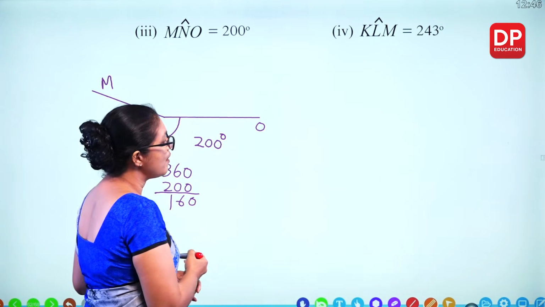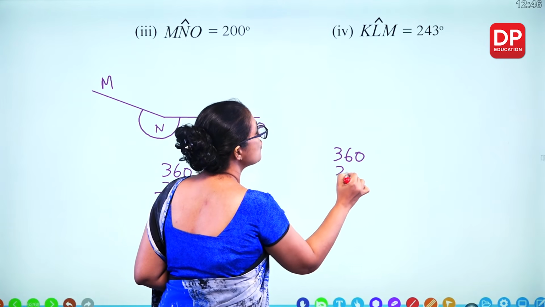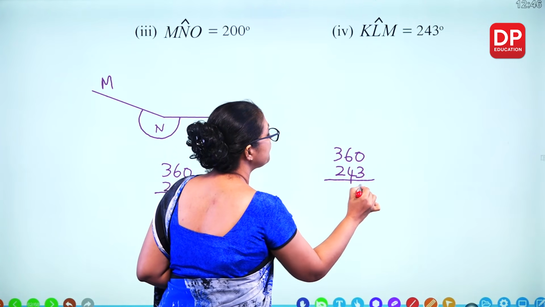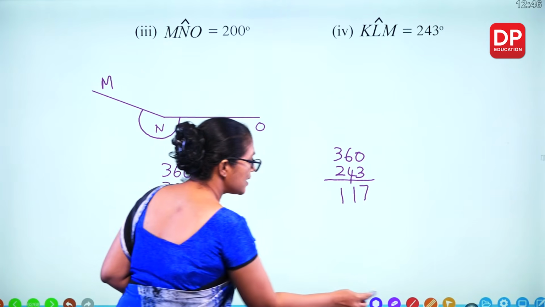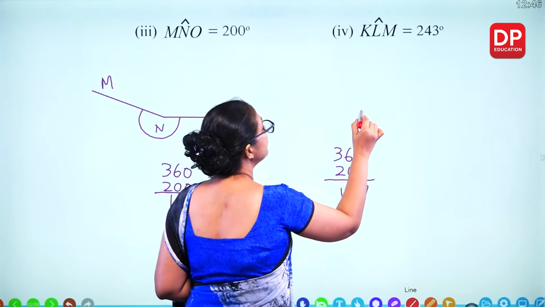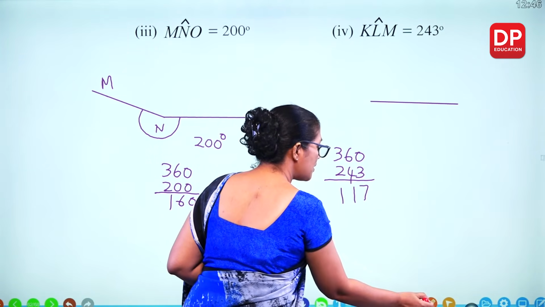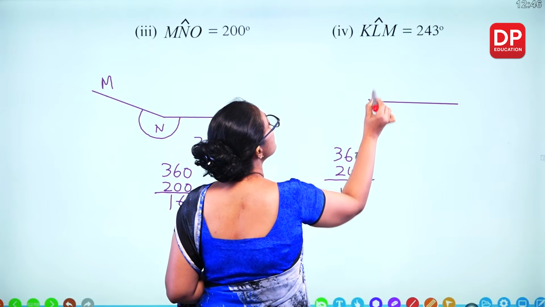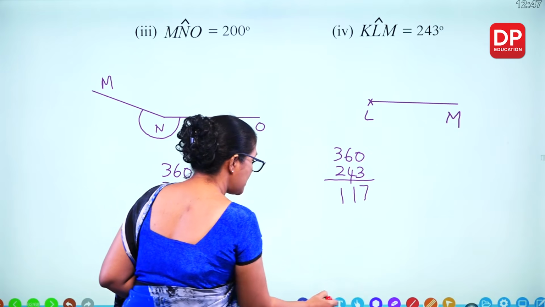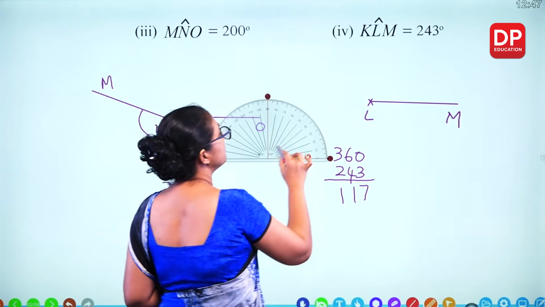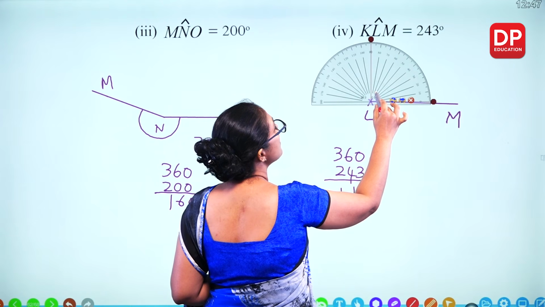KLM is 243. That's a reflex angle. 360 minus 243, 117. So draw a line and mark the point here. This is L. This is M. 117 degrees you have to measure. Keep the protractor here properly.